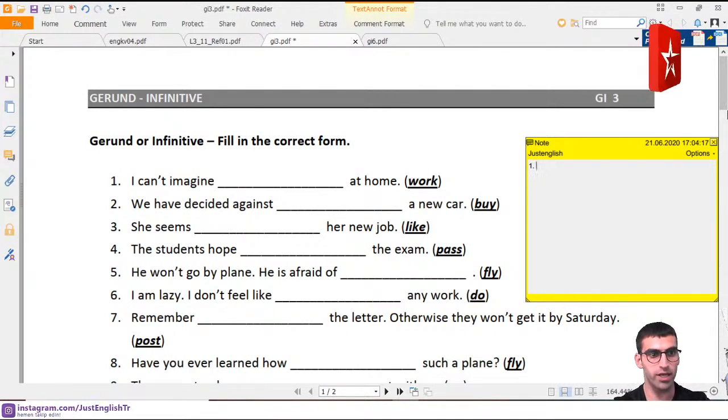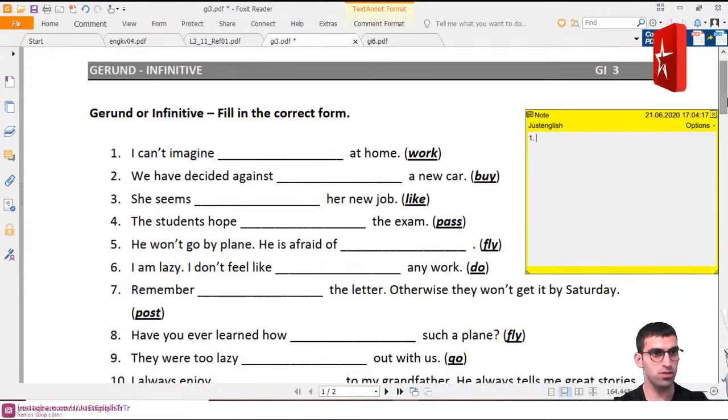So number one, I can't imagine working or to work. Which one is correct for number one? I can't imagine working at home, or I can imagine to work at home. So what do you think?